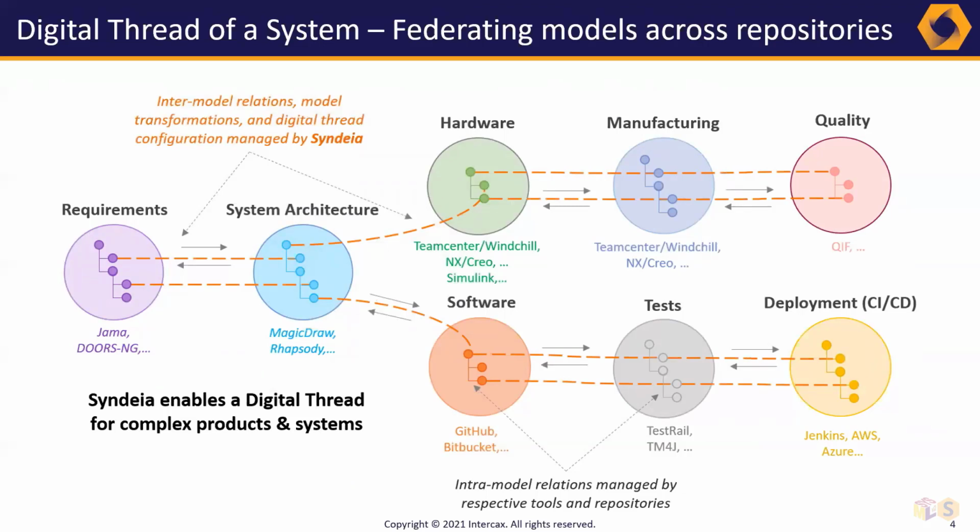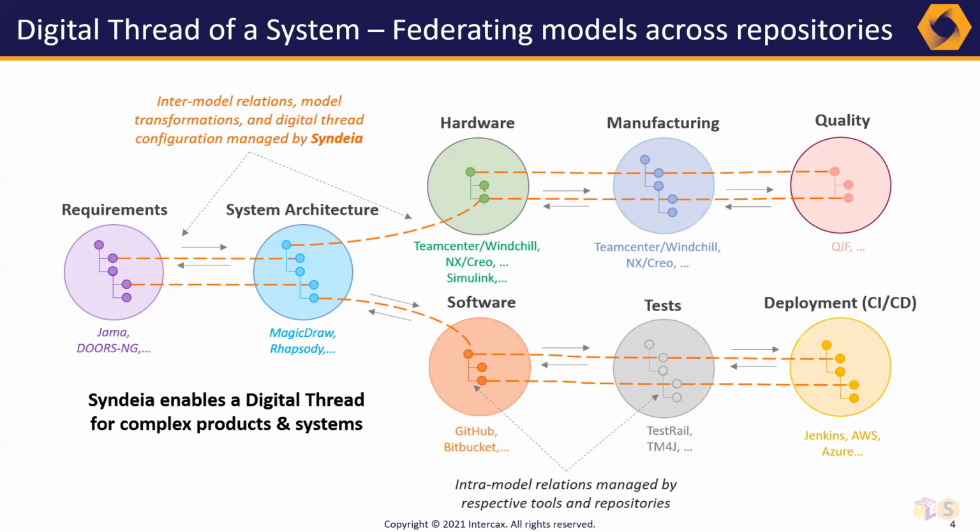So how do you glue them together? The digital thread is one conceptual solution to achieve that. If you look at a digital thread, what it does, it allows you to use the best-in-class tools, use models that are originating from those tools, manage the models the way you've been doing so in the native repositories, but allow for creating inter-model relationships, these highways that are going across the silos.